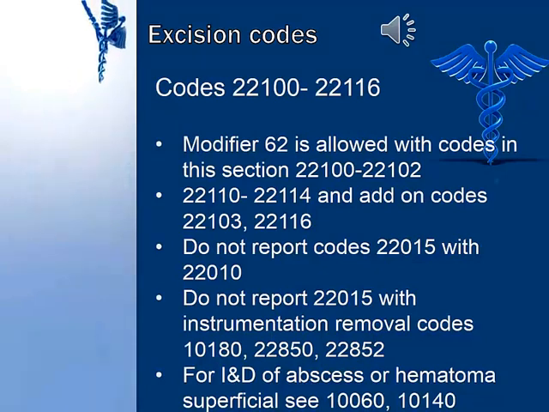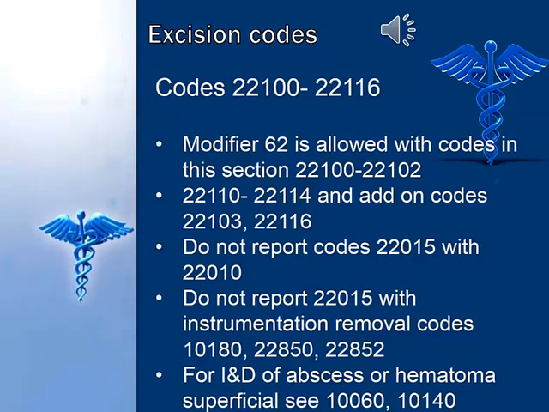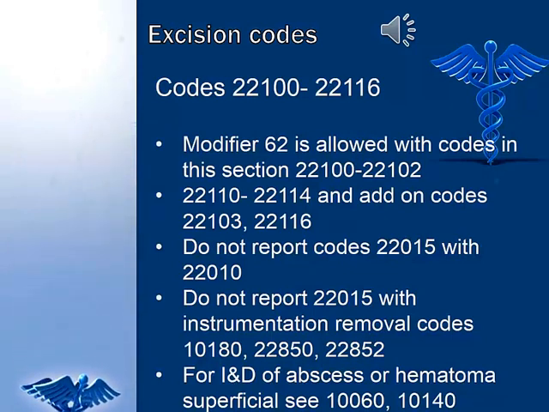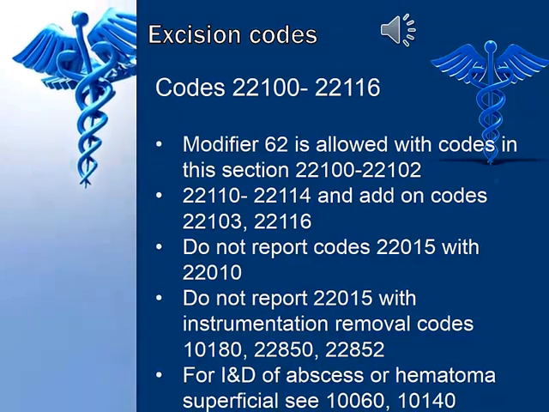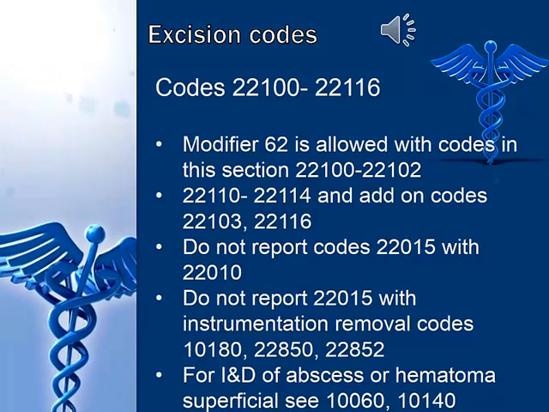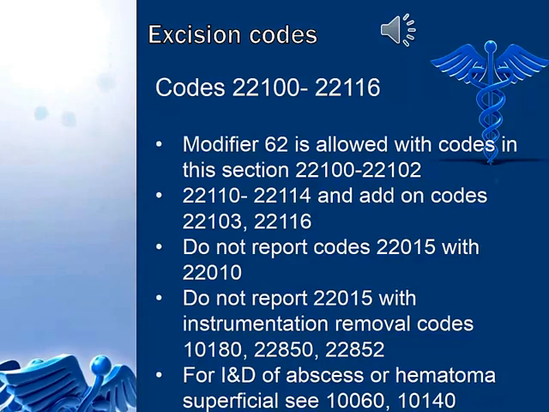There are also some parenthetical notes for bone biopsy. You will need to see codes 20220 to 20251. You would need to report soft tissue biopsy of back or flank with codes 21920 to 21925.